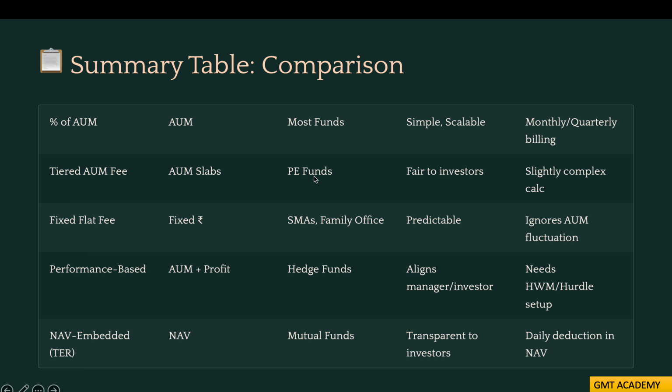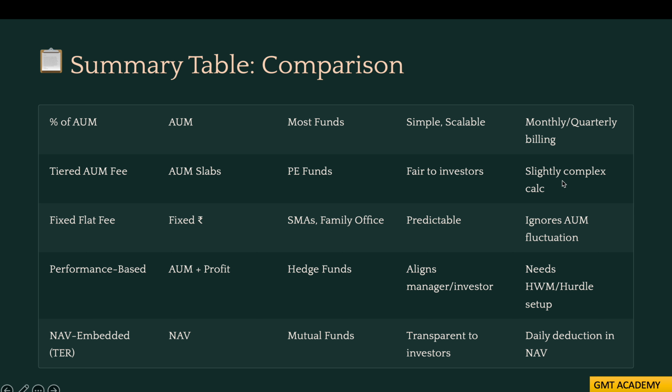So it is mostly used in PE funds, and fair to investors as well, because they know that AUM is increasing, so the fund manager will gain more. If we keep 2%, it will be more difficult to pay the LP, and the GP will get more through the management fee also.